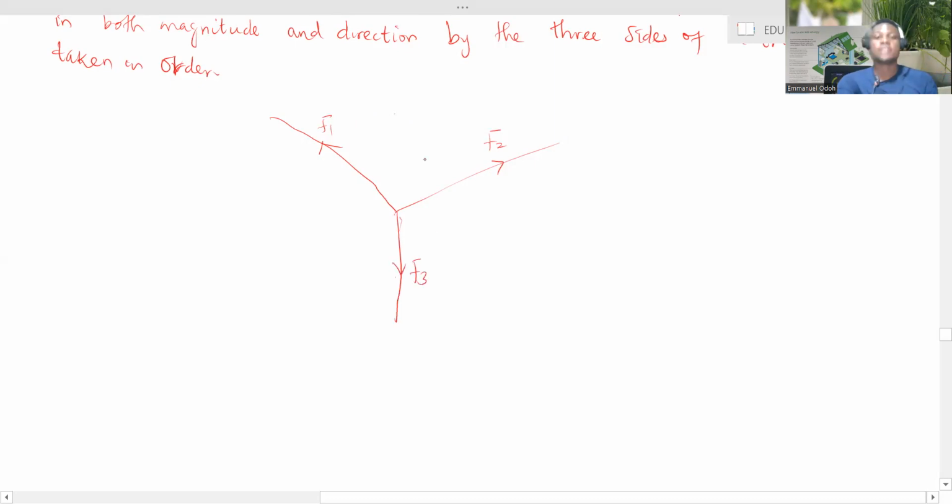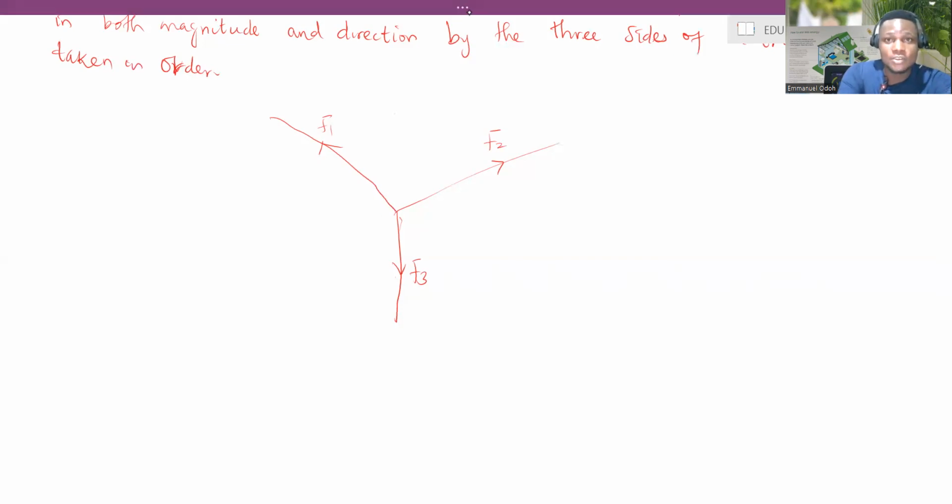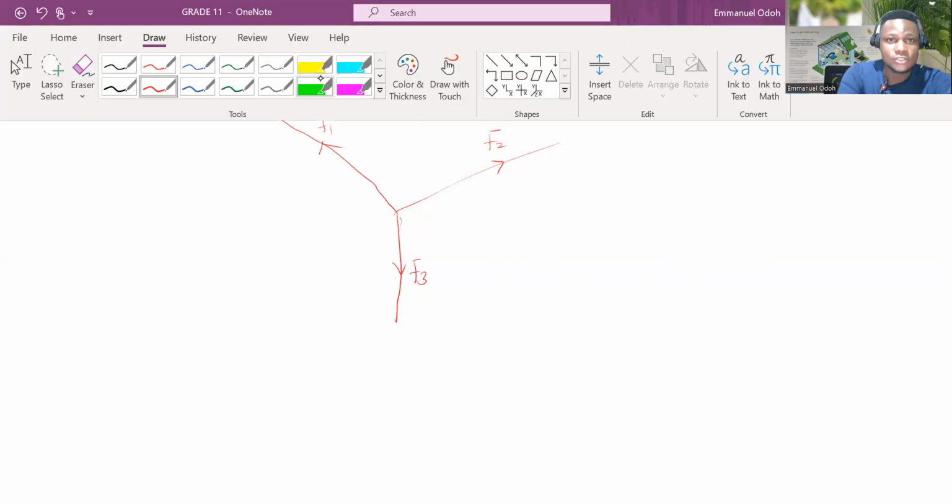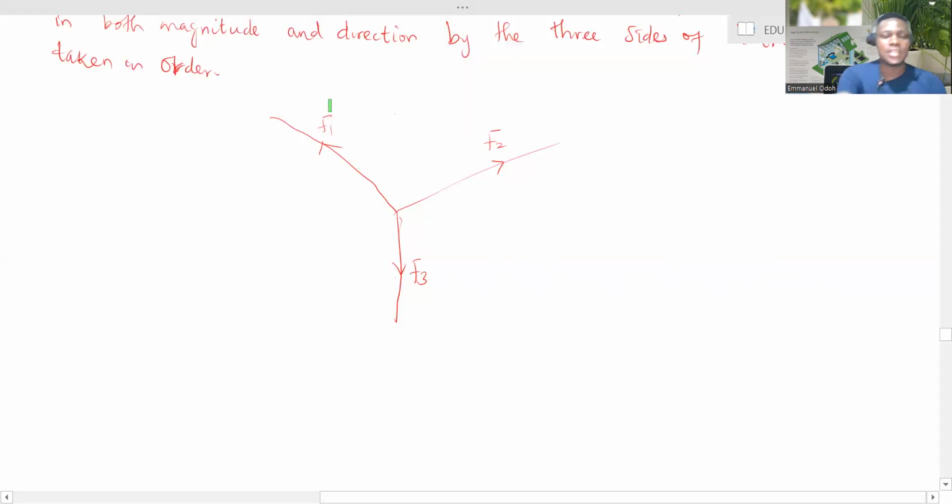According to the triangle of forces, if these three forces are in equilibrium, we can represent them in magnitude and direction by the three sides of a triangle taken in order. I'll make this colorful. Now let's start with the first force, F1.